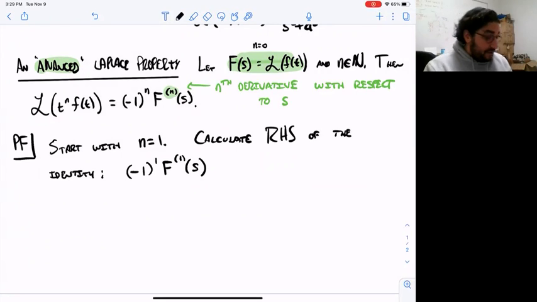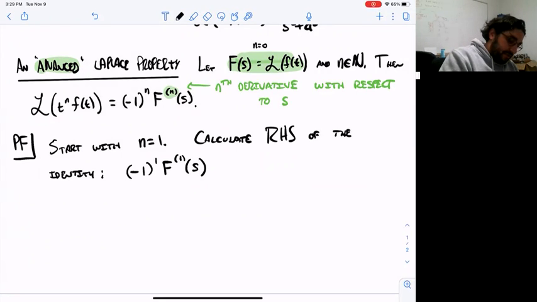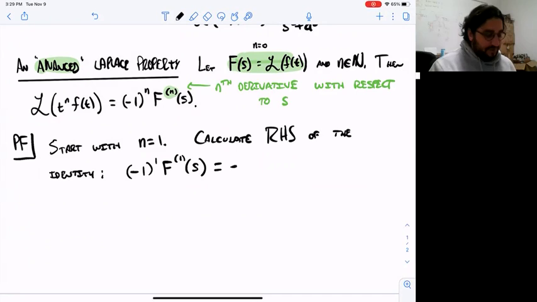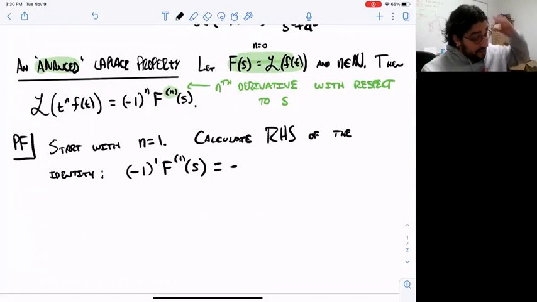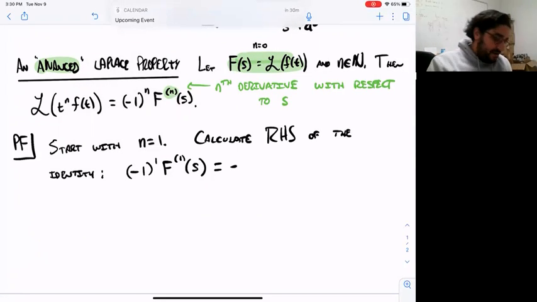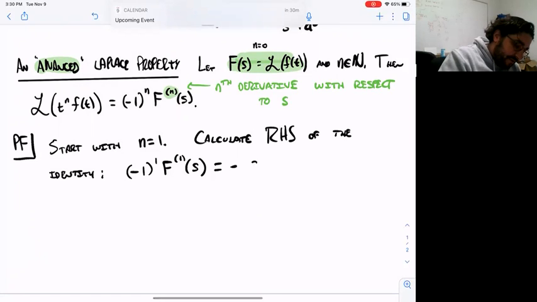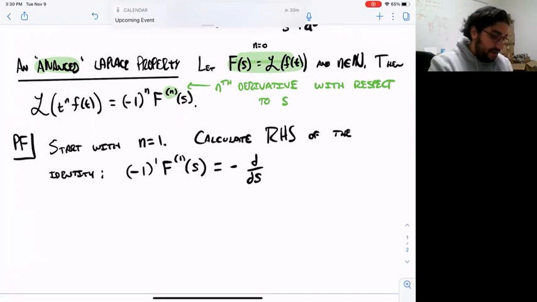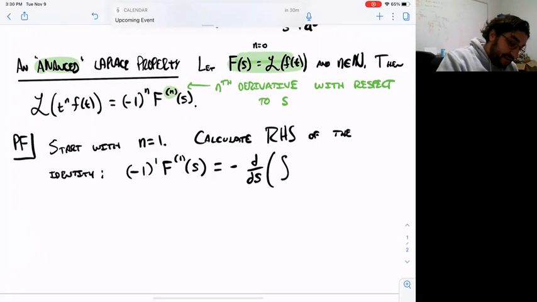So -1 to the 1, well, that's just putting a negative sign up front. And then for the second expression, we have a first derivative with respect to s, so I'm going to write that as d/ds. Then it's d/ds of what? It's d/ds of the Laplace transform. So here I'm going to apply the definition of the Laplace transform.